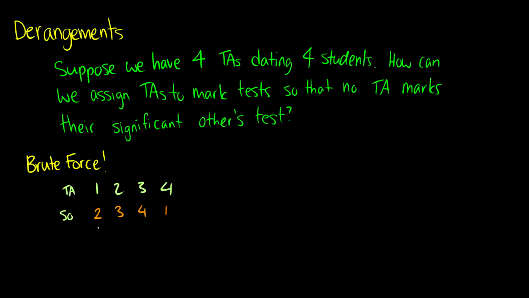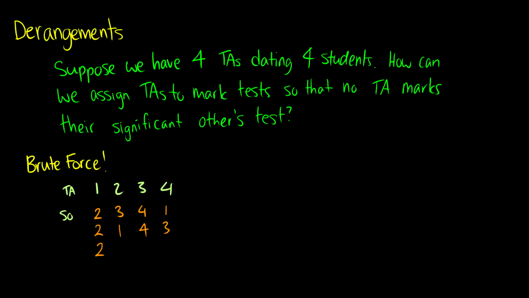Okay, so let's keep 2 here and let's see how many other combinations we can do. Instead of putting a 3 under the 2, we could put a 4 there. Actually, let's just put a 1 there. So we have a 3 and a 4 left. The 3 can't go by the 3, so we have to put a 4 there. Then we have to put a 3 there.